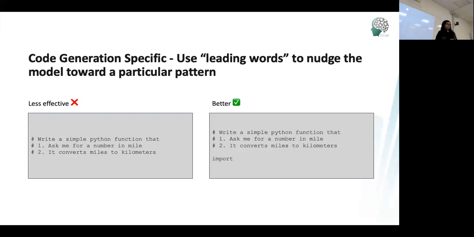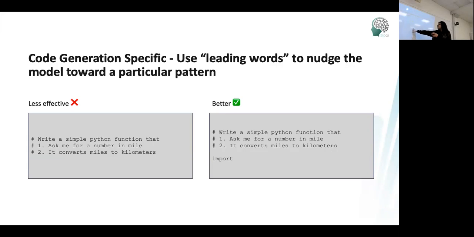And for code generation, it is advisable to start with leading words to nudge, or poke, the model towards a particular pattern. For example, you want to write a Python program with a function that asks for a number in miles and then converts the miles to kilometers. It's better to start with just "import".